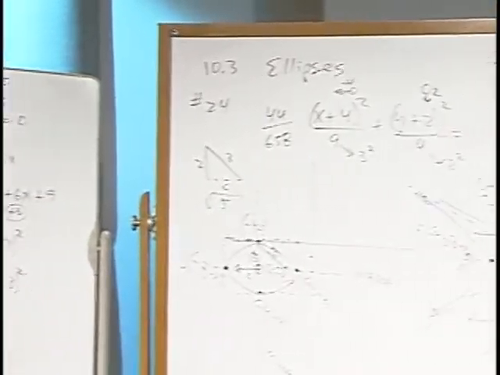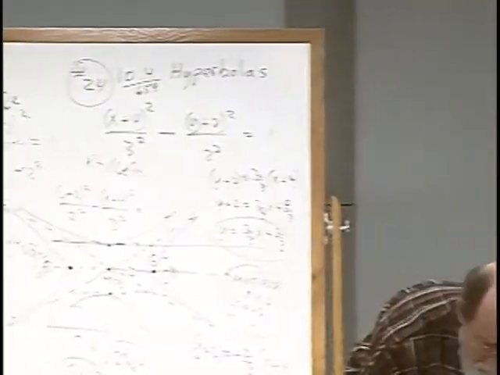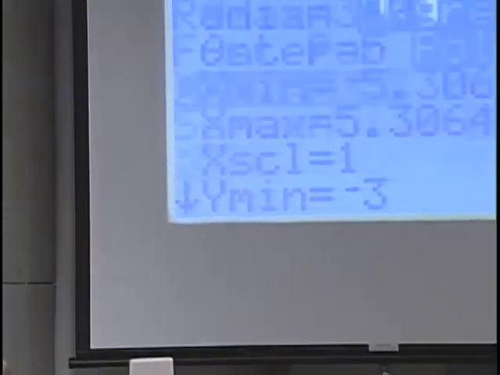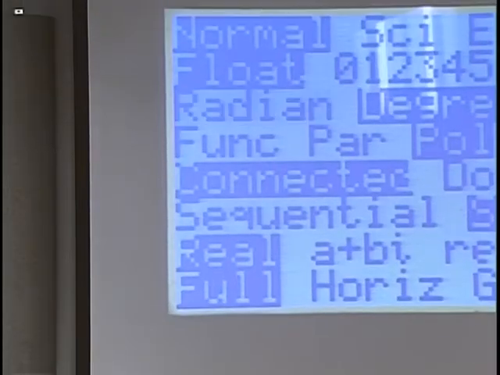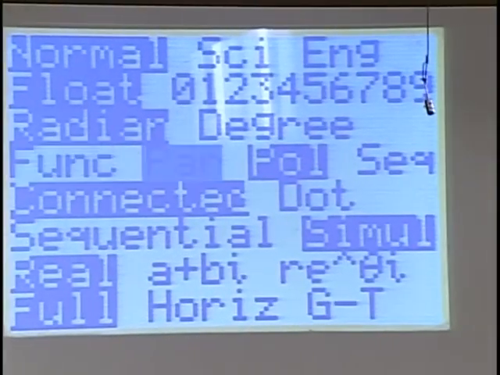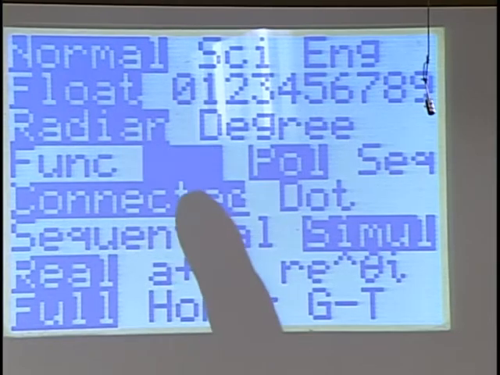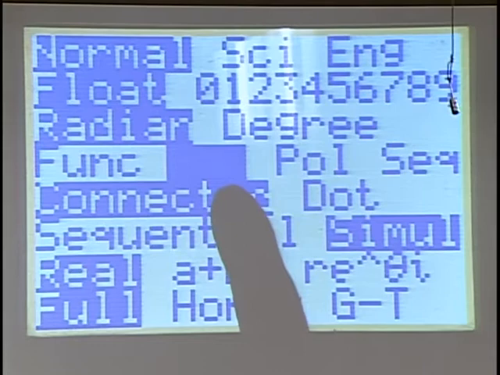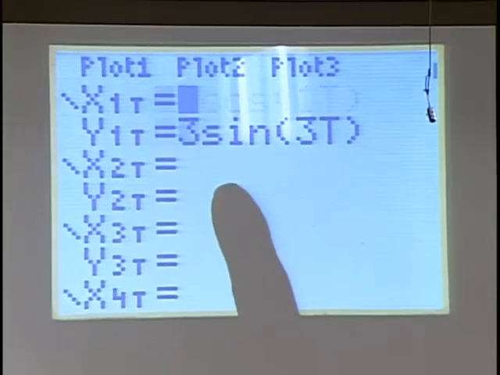So I'm going to be in radian mode. First of all, I'm going to go to my mode screen and change this to radian mode, and then I'm going to come down here onto parametric mode, and I'm going to go to y equals now, and I'm going to clear these out.